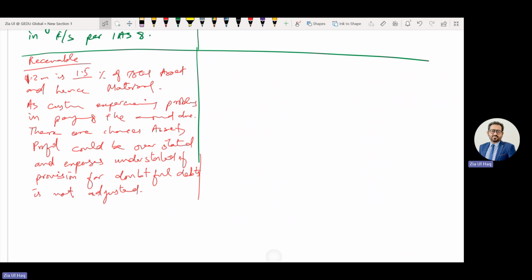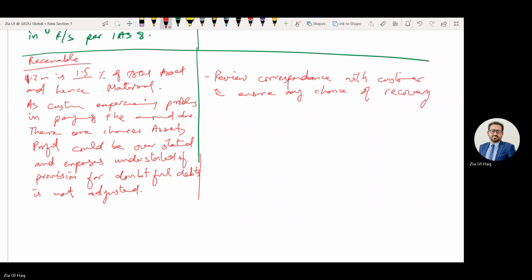Review correspondence with the customer to ensure any chance of recovery in future.